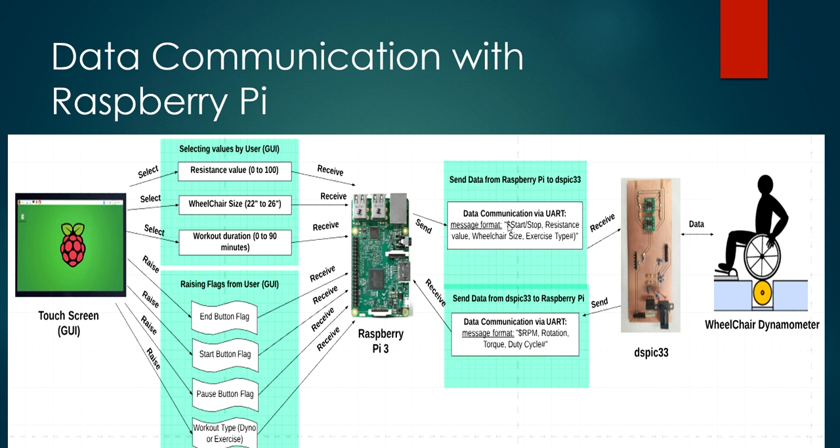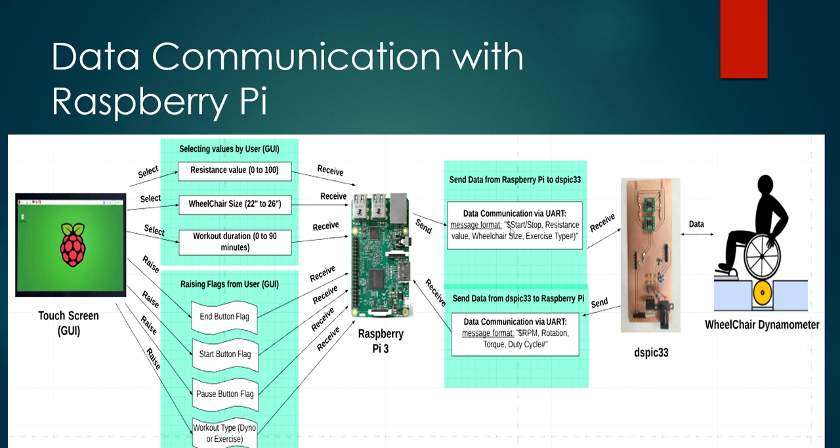The packet that will be sent is over here. This whole packet will be sent as a string. We have different characters over here. I will explain later what each one is responsible for, but I'll give you a brief description of what the Raspberry Pi will be sending to the dspic33.